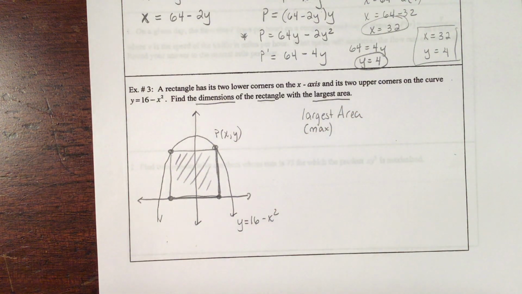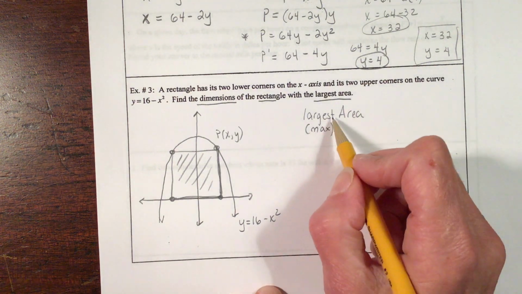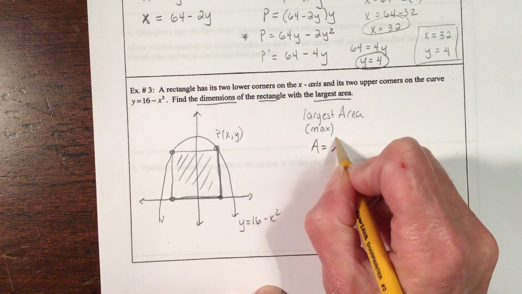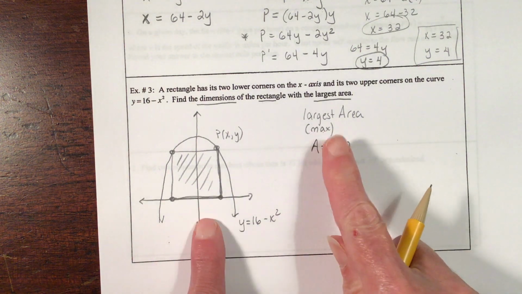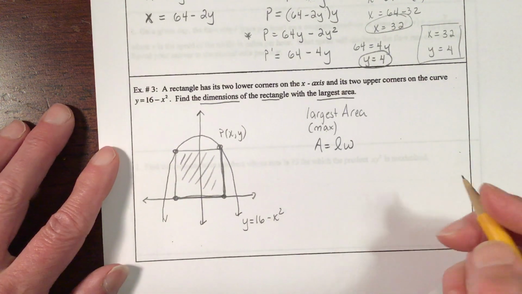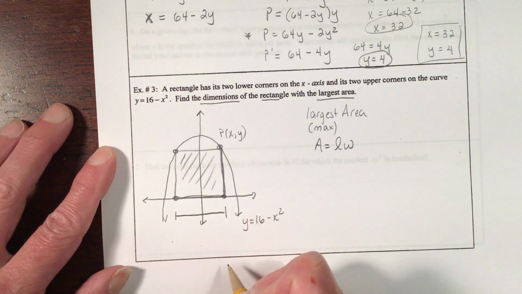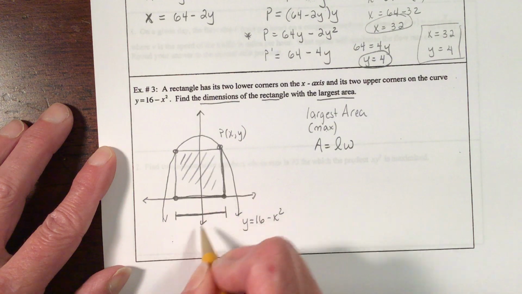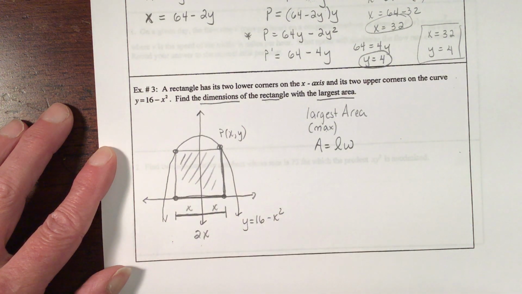So the first place I begin is creating my primary equation. I want to maximize area, so I go back to what I know: area is length times width. Now I need to connect the information together, so I can write this in terms of one variable. Go back over to my picture, and we know, again from earlier in the year, the length of this rectangle is going to be x and x, so my length is 2x.